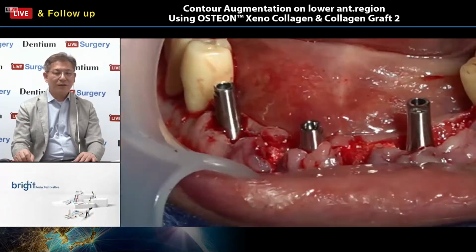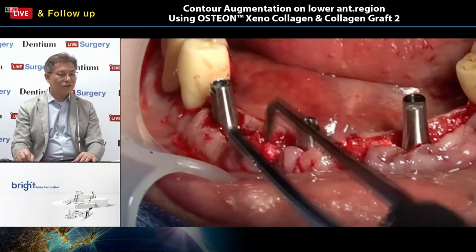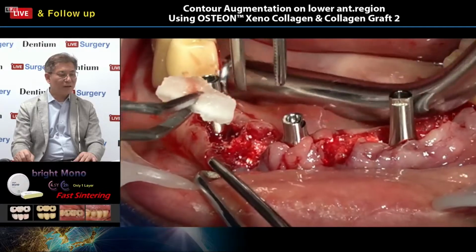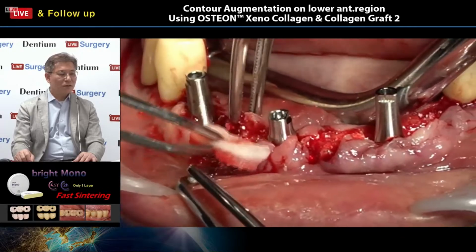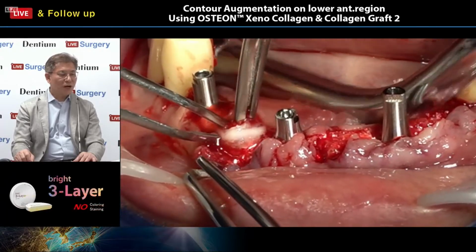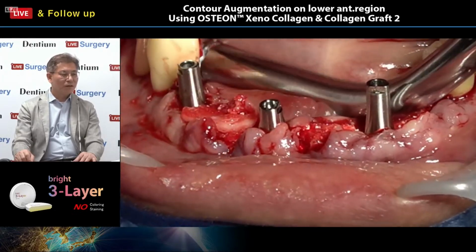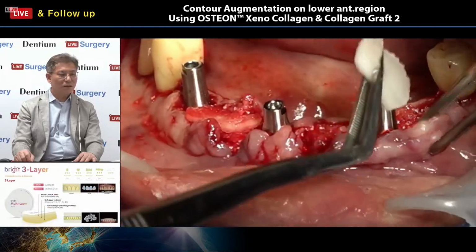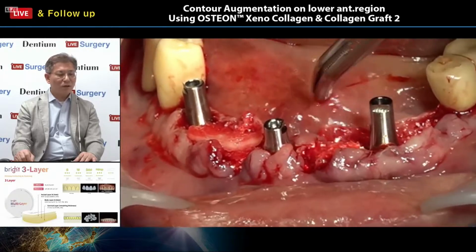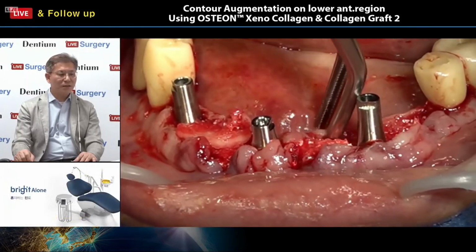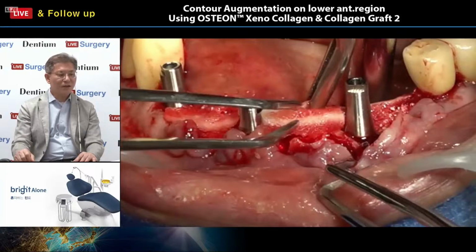Now he is preparing for suturing. Before starting the suture, I think he applied the collagen graft to the top portion of the crest. There is no more flap reflection or periosteal releasing incision, because he wants a compact surgery.